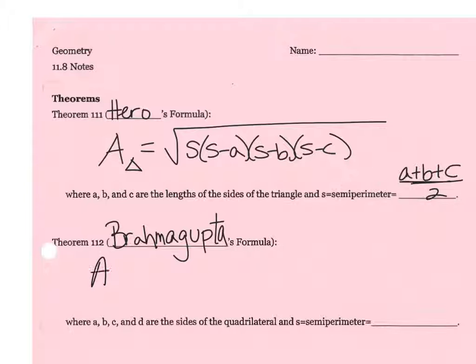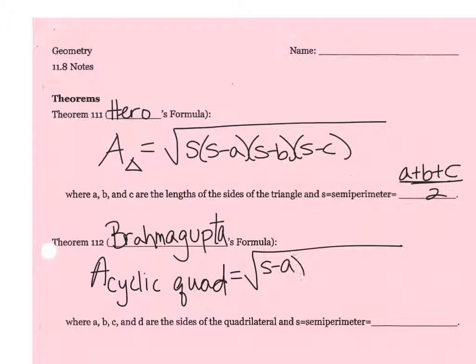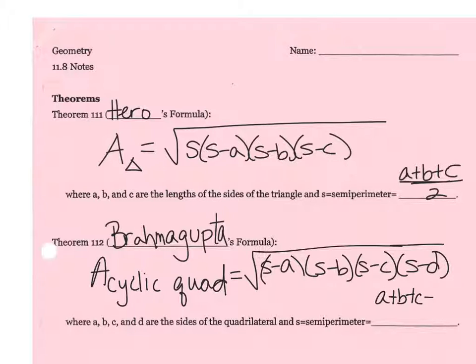So the area of cyclic quadrilaterals, so I'll just write quad, is equal to the square root of s minus a times s minus b times s minus c times s minus d, where a, b, c, and d are the sides of the quadrilateral, and s is the semi-perimeter again, but this time it's a plus b plus c plus d all over 2.